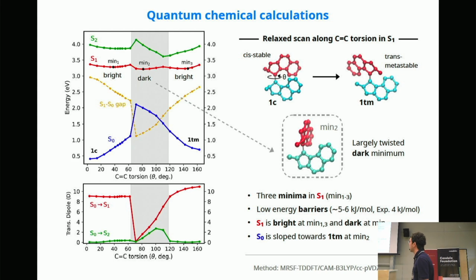We have two bright minima closer to the ground state isomers, and we have a dark minimum associated with a largely twisted geometry. At this largely twisted geometry, we also see that the topography of the S0 potential energy surface is sloped toward the trans isomer.